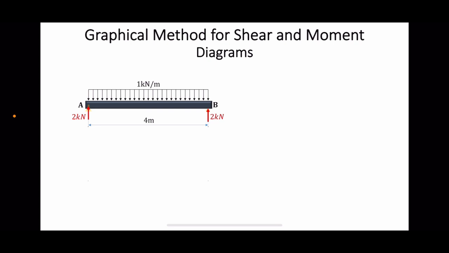Now let us draw the shear diagram. If we go from the left to the right, the cross section at support A will be the first location of the diagram. Since we have a concentrated force at A, there will be a jump up from 0 to 2 kilonewton at point A in the shear diagram.